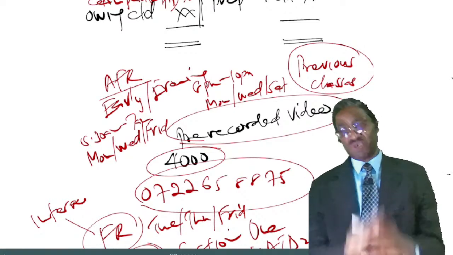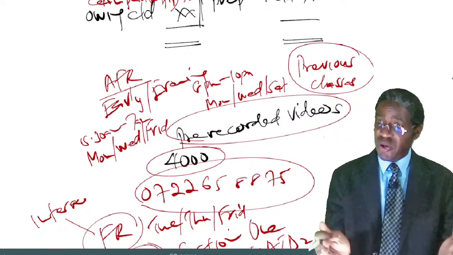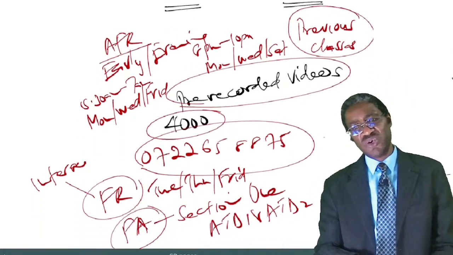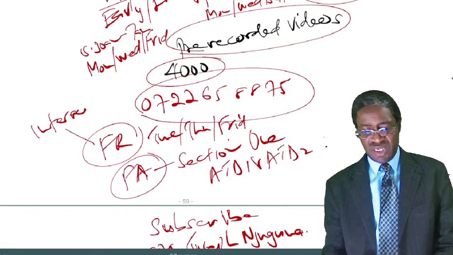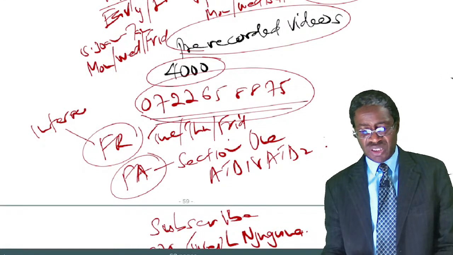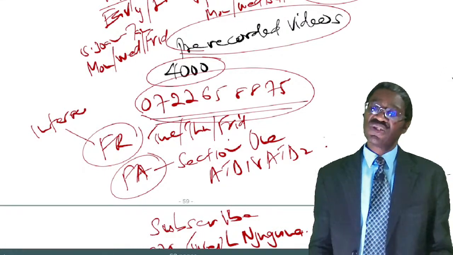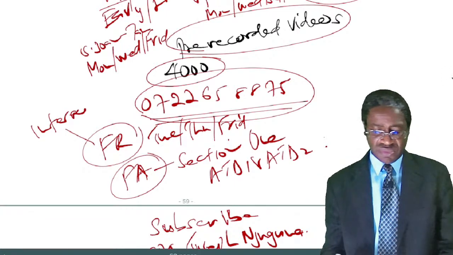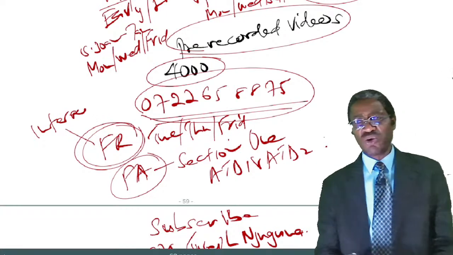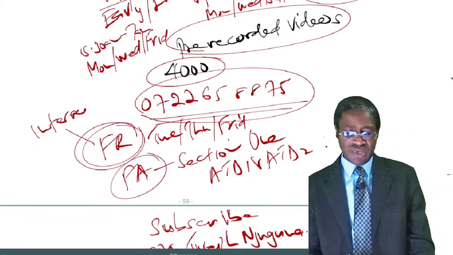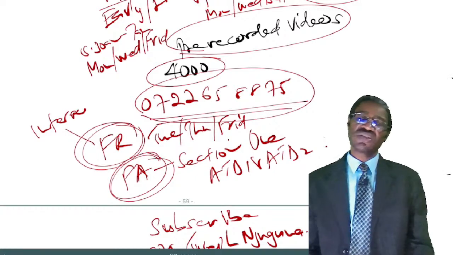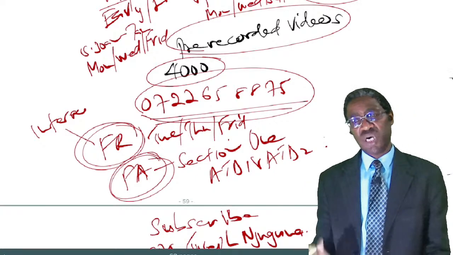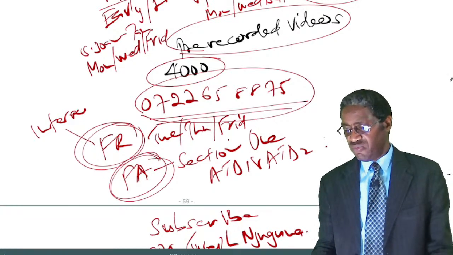In case you miss a class, don't panic. Go back to the group, click on the link, and you'll be able to watch your video at your own free time. Call me on this number, 0722 65 8875. We are also offering financial reporting of the intermediate and financial accounting of foundation level, or CPA Section 1.